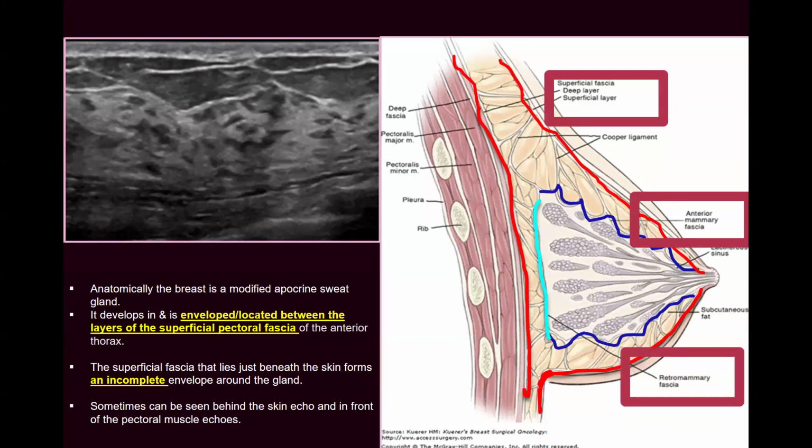And here posteriorly we can see the posterior mammary fascia or the retro-mammary fascia, completing the encasement along with the anterior mammary fascia, encasing the mammary zone. The mammary zone. Okay.